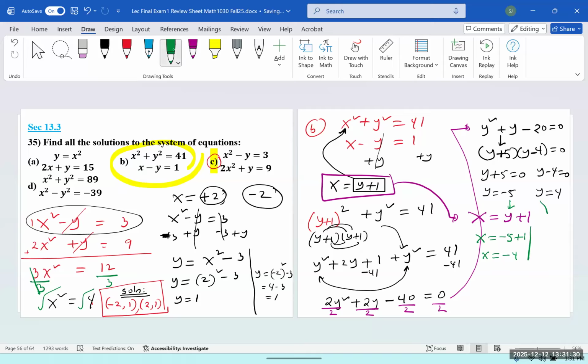Our second y is 4. So we get x equals 4 plus 1, which is 5. So you write down the solution: (-4, -5) and (5, 4).